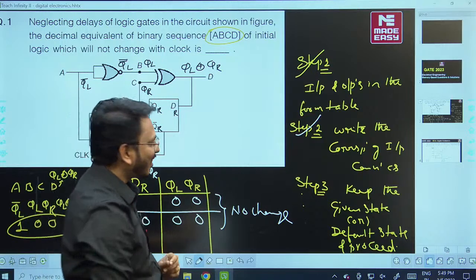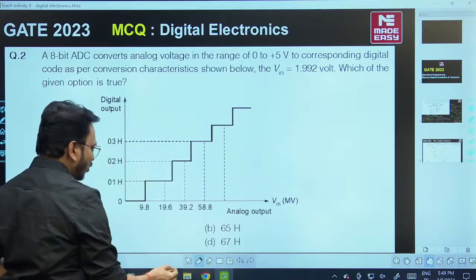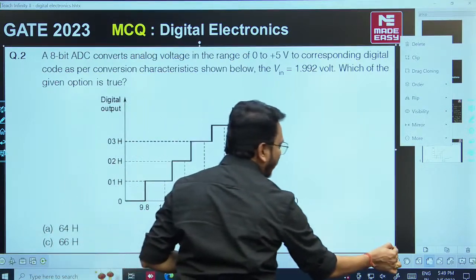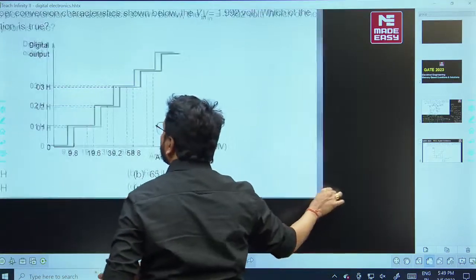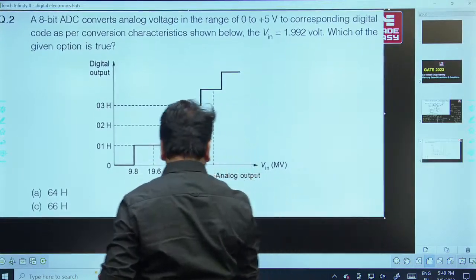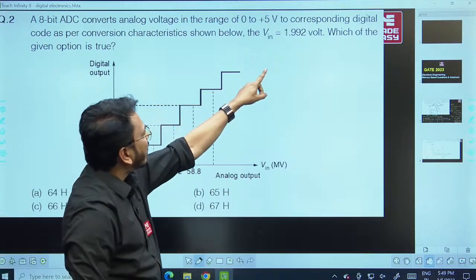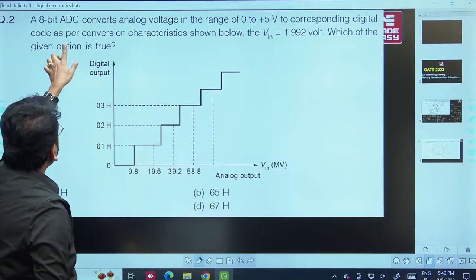Got it? Right. Now, another memory-based question is this one. Of course, it is a very direct question, because this is an ADC. In that, the data given is V in is 1.992 and it is an 8-bit ADC.